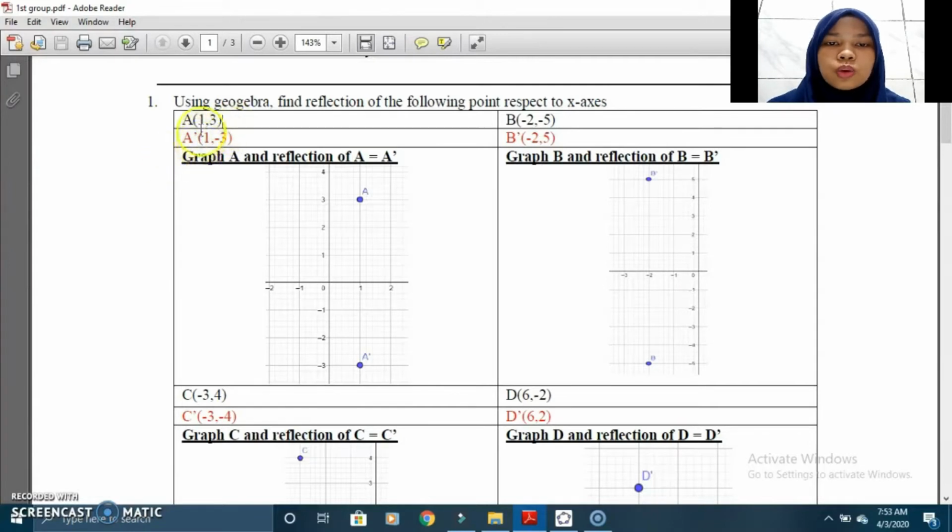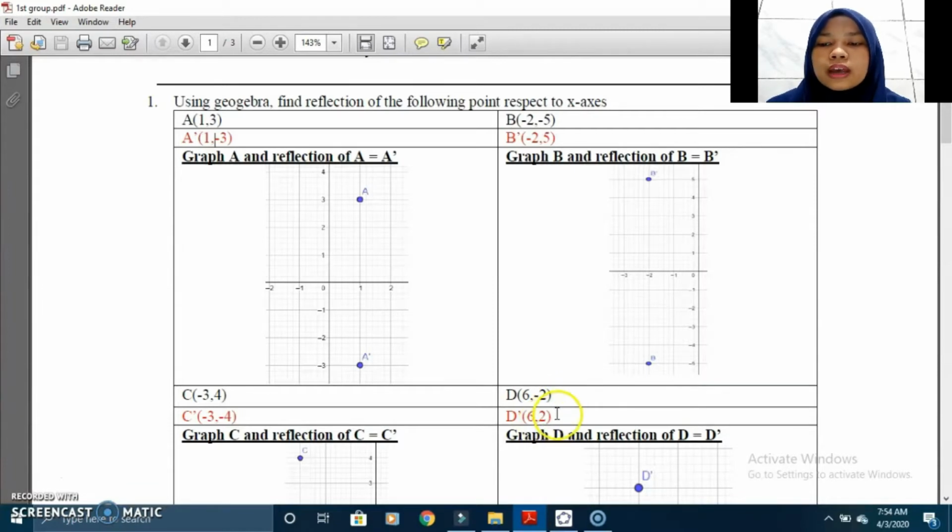If A is (1,3), then A' is (1,-3). B is (-2,-5), then B' is (-2,5). C is (-3,4), then C' is (-3,-4). D is (6,-2), then D' is (6,2).